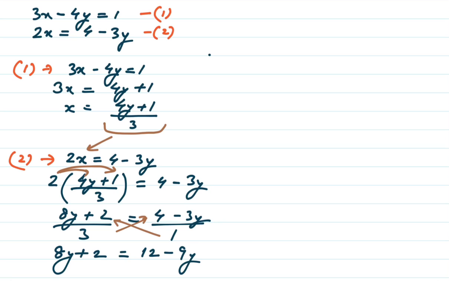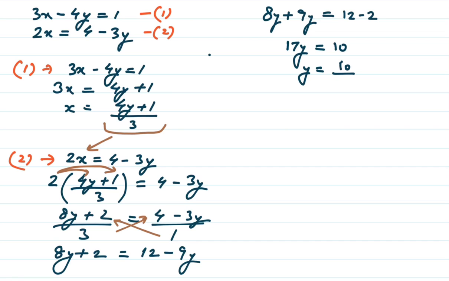So now if you take the y's all together into one side, it's 8y plus 9y is equal to 12 minus 2. So here I'm going to get a number 17y, and this side I'm going to get 10. So my y is going to be 10 over 17. 10 over 17 is my first answer.